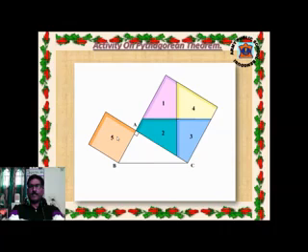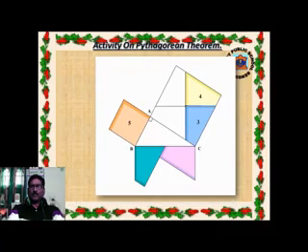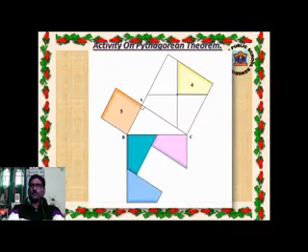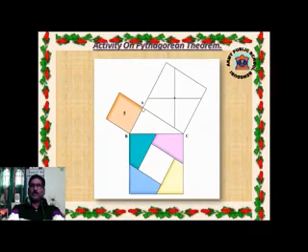We have to cut the squares which we have already made on the altitude and base, and paste them on BC. So let's see. First one I cut and pasted. Second one cut, pasted. Third one cut and pasted. Fourth one I cut and pasted. After that, when we cut the fifth one, it will exactly fit within the square.